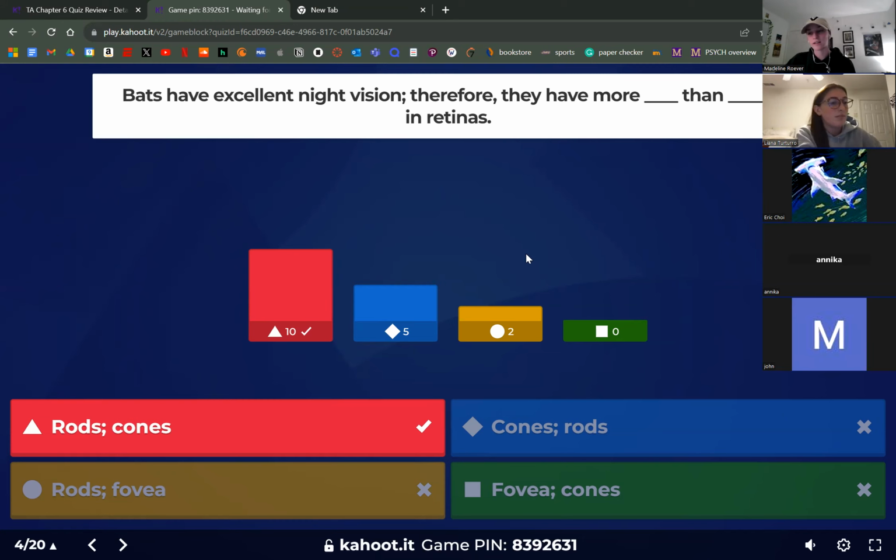And then the fovea is the central focal point in the retina where the cones cluster. So that was just a little trick to add. But yeah, any questions so far?